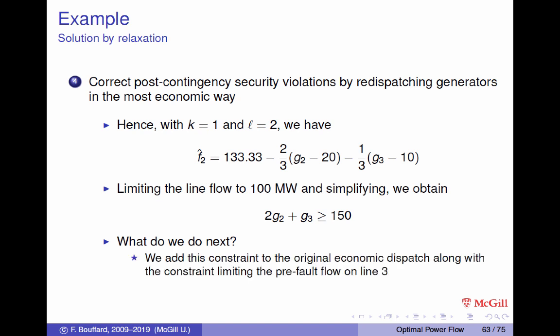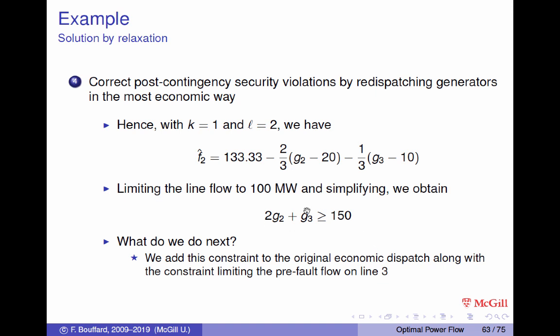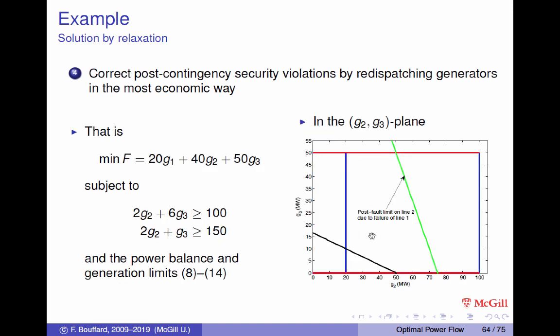Well, we're going to add this constraint to the original problem, and that's it. So when we look at it now, this new constraint maps to the G2, G3 plane by basically excluding the point we found before.